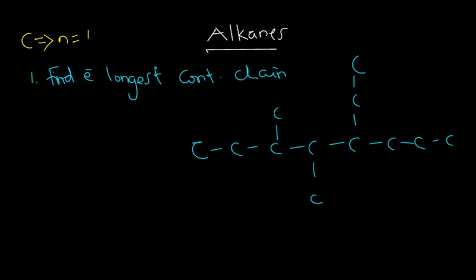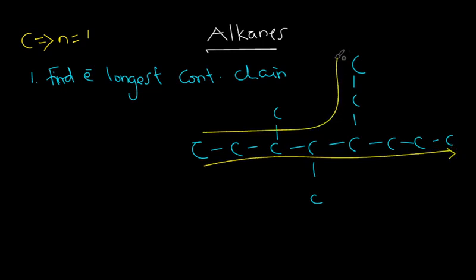Okay, so if this is our alkane, we need to number the carbons and see which one will give us the longest continuous chain. From here, we can either count this as 1, or count this as another one, or count from here as another one. So let's look at each of them and see which one will be the longest.